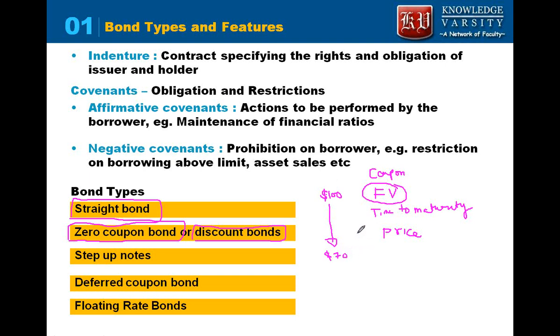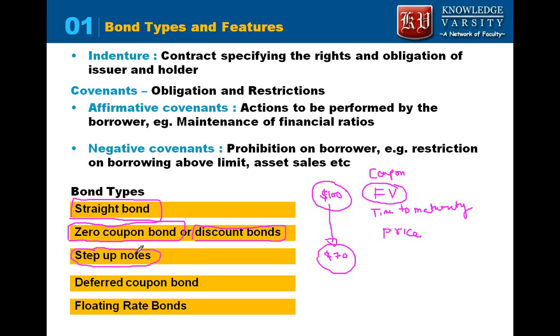At the time of maturity, the bondholder will get $100. So he invested $70, he will get $100 from his investment. So the earning will be $30, and that will be the interest that the investor has received.